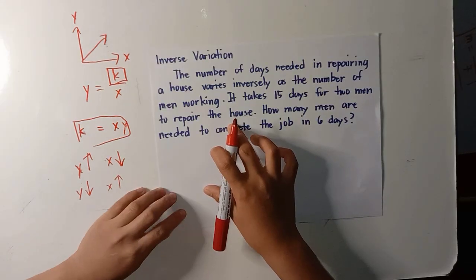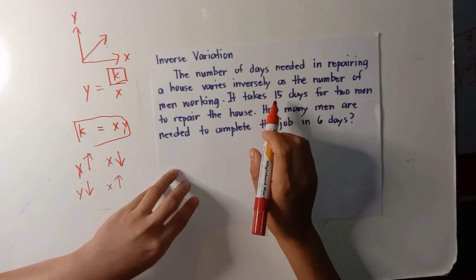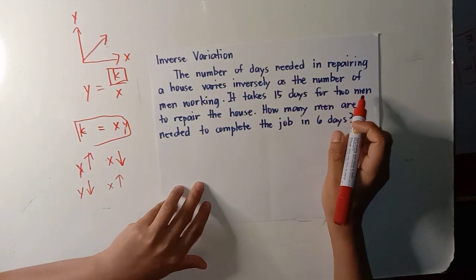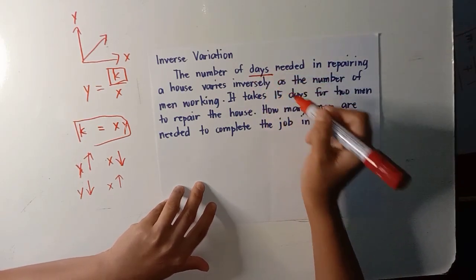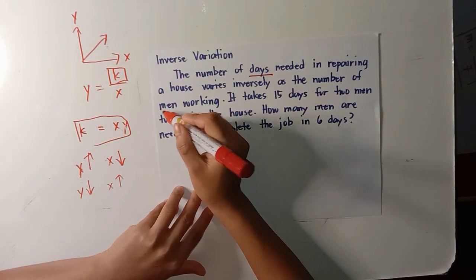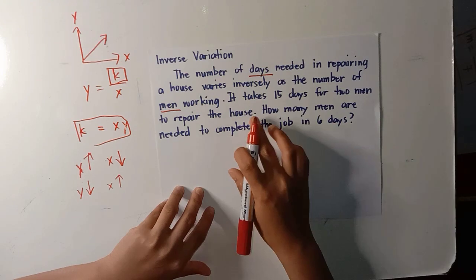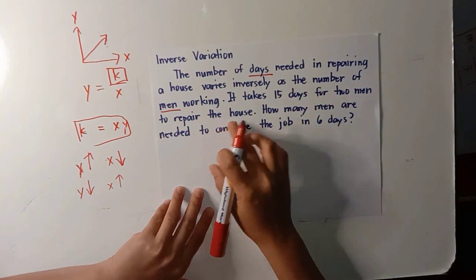The number of days needed in repairing a house varies inversely as the number of men working. So the two variables here are days and the men or the people working. It takes 15 days for 2 men to repair the house.